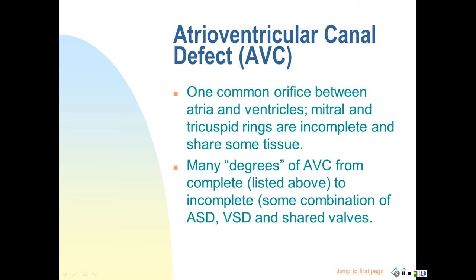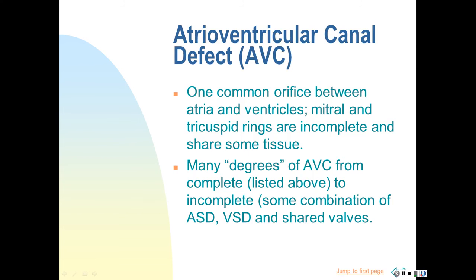The last of the increased pulmonary blood flow defects that we're going to talk about is an AV canal, an atrioventricular canal. It's actually pretty much three defects in one.